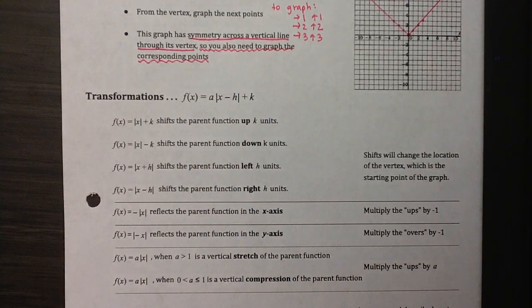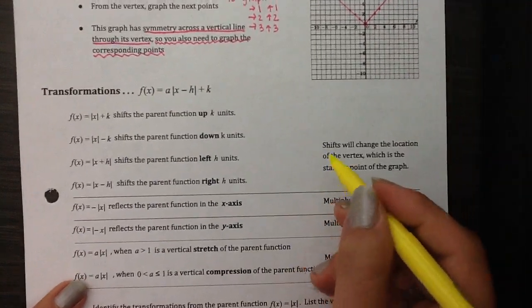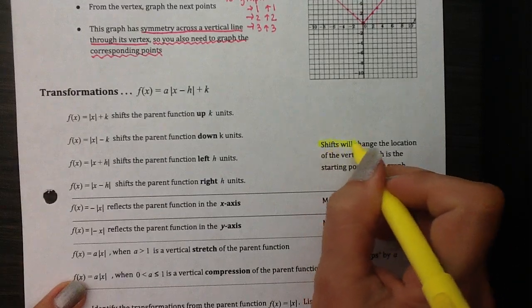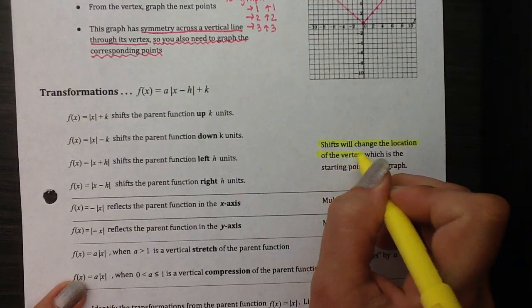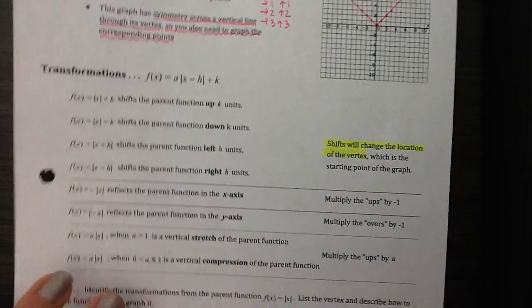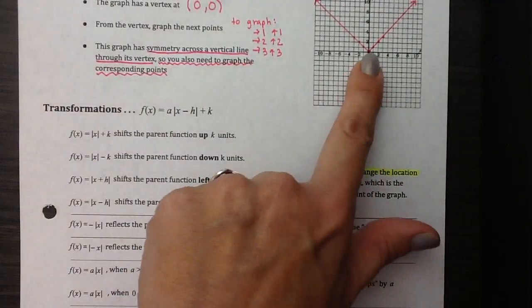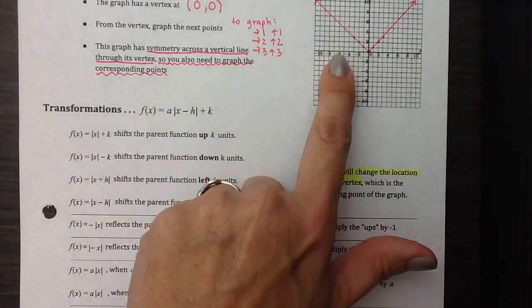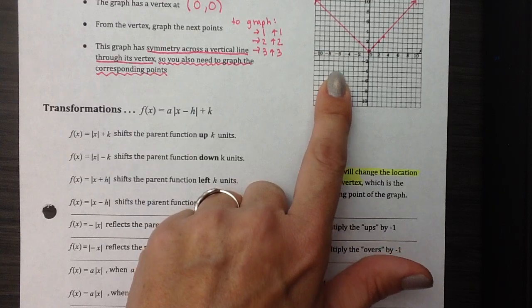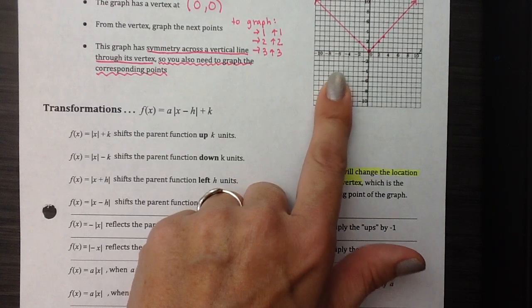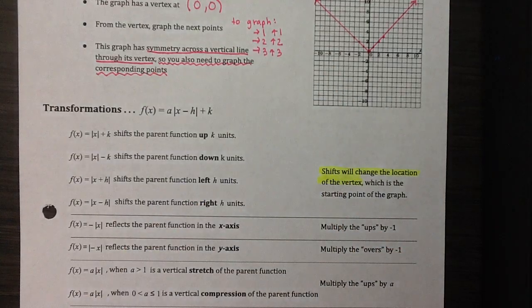So we'll talk first about the shifts. What happens with a shift is it's going to change the location of the vertex, which is where we start our graph. So if I shift my graph to the left and down, then that's where I will start from, and then all other points will also end up being shifted left and down.